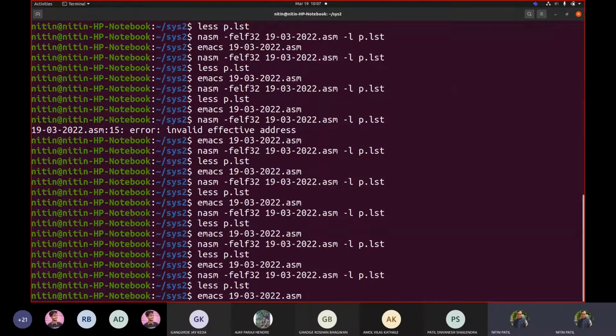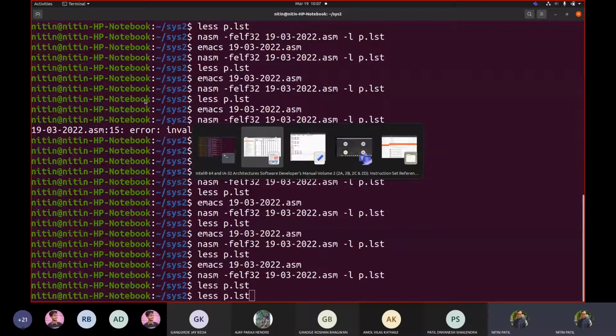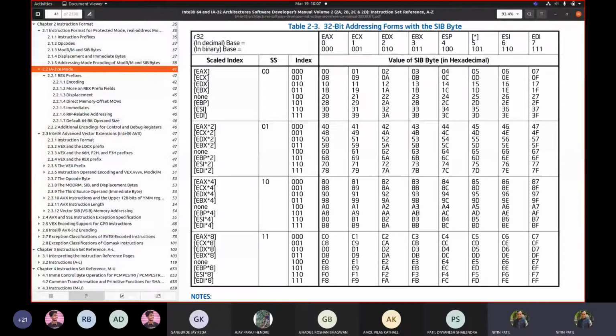I hope you are with me, and you understood SIB now for a while, except the ESP row in this table. We haven't talked about this row, this none. When it is to be taken, we will work it out. Right now, except this, at least we got this column, 05, 0D, 45, 4D. We know now how to get that.